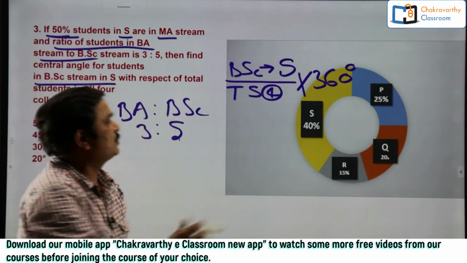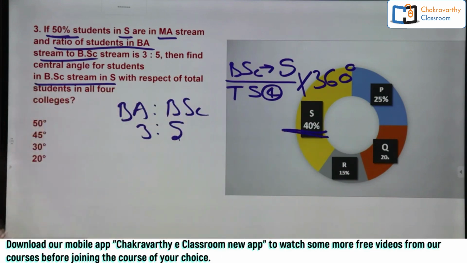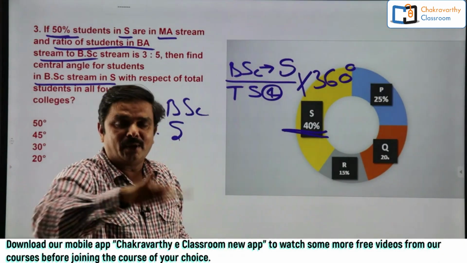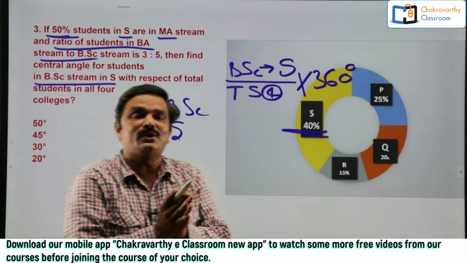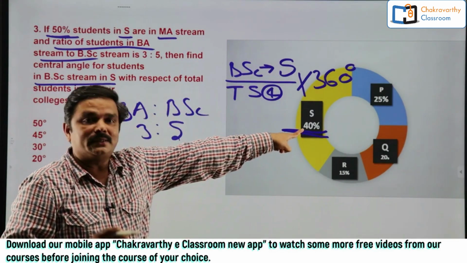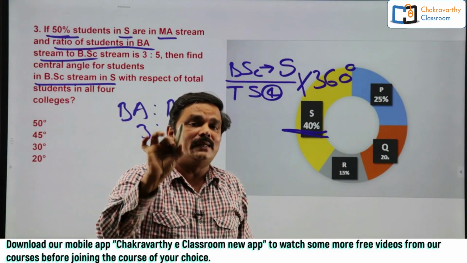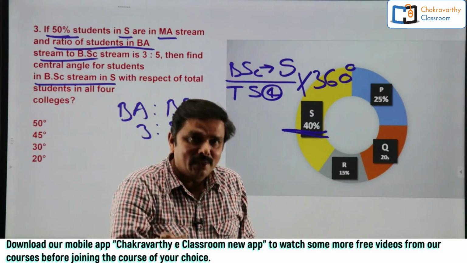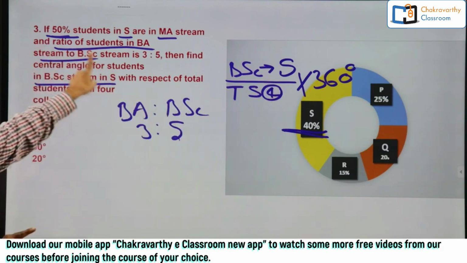First of all, students, this is total students 40%. Out of these 40%, 50% of them are from MA. I have nothing to do with that because my question is based on BSc students. That means out of 40%, 50% gone, the remaining 50% is 20%. 20% of the students from college S are from two streams, BA and BSc.